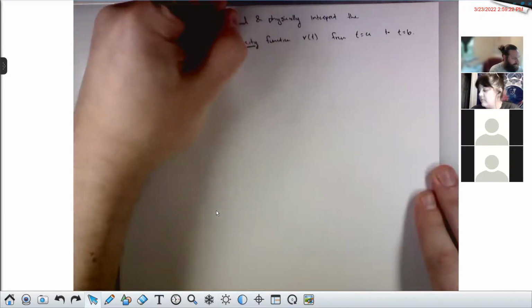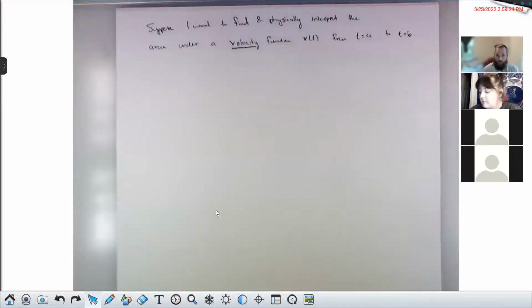This doesn't have to be a velocity function. You can do this with acceleration as well, but I think velocity is the place where we're going to most quickly realize what's going on.